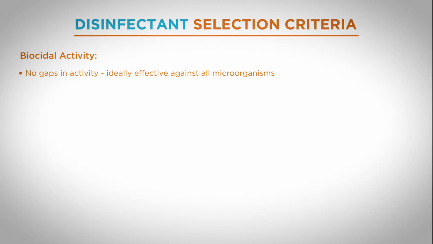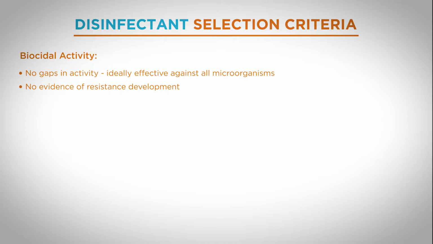The second thing is that there should be no evidence of resistance development to that particular biocide. Clearly, that's of importance because if you're subjecting an infectious agent to a continual low level of that biocide and the agent is able to develop resistance, eventually that agent will not be able to be destroyed by that particular biocide.